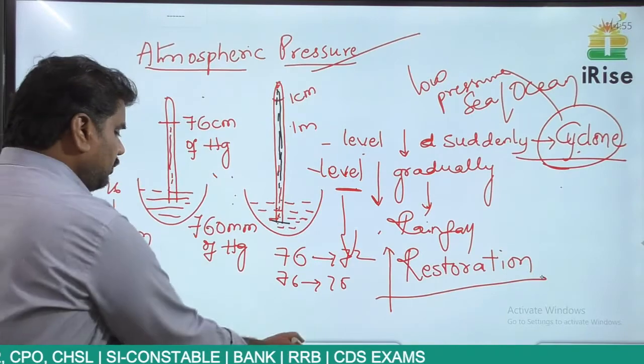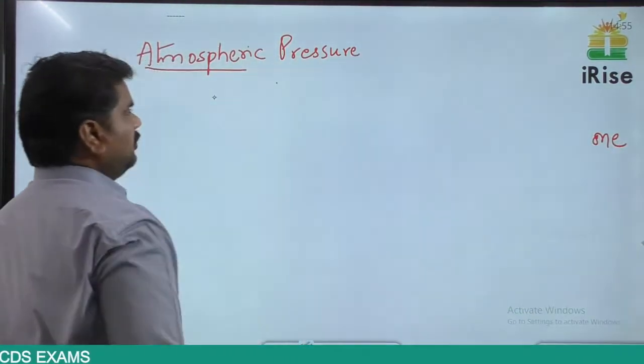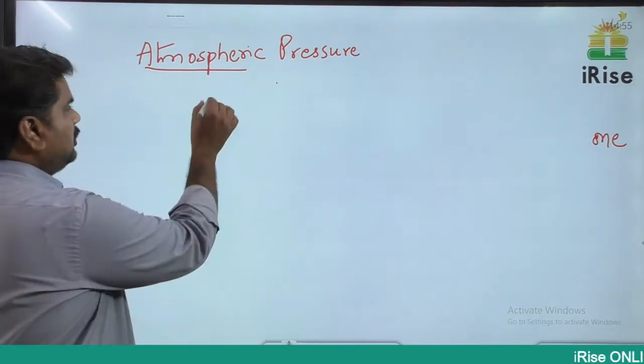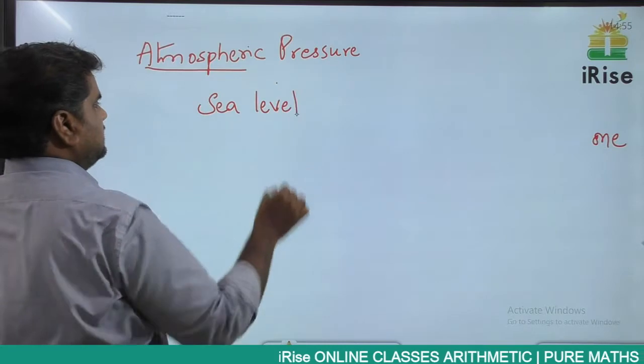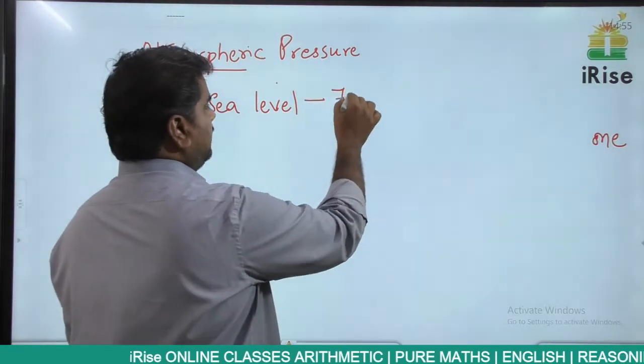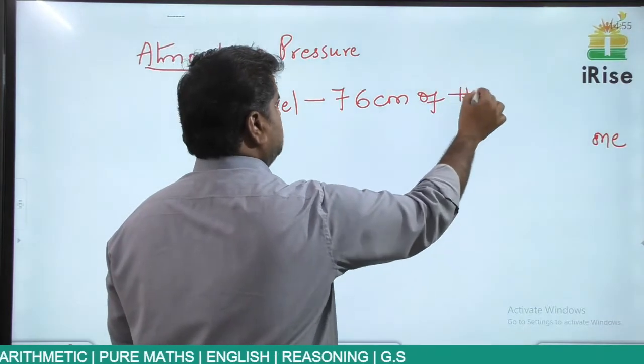And this value of atmospheric pressure, around 76 centimeters of Hg, is at normal sea level. The value of 76 centimeters of Hg is present at normal sea level.